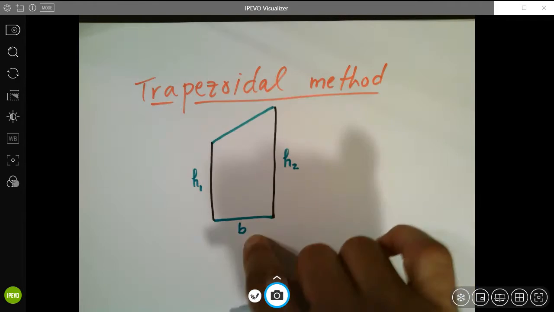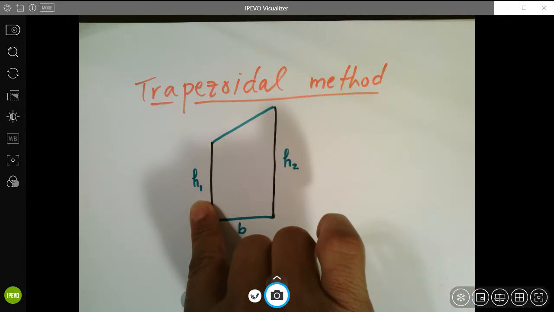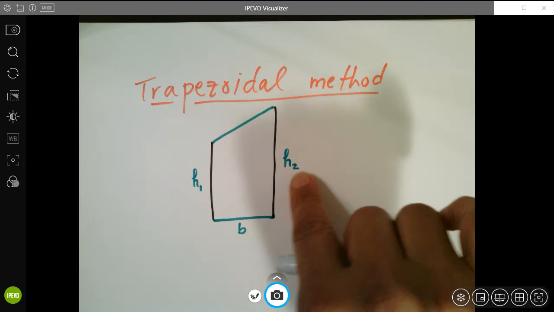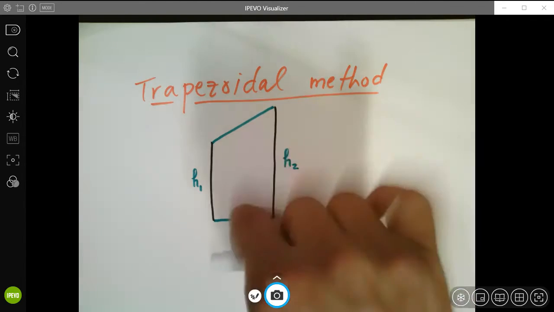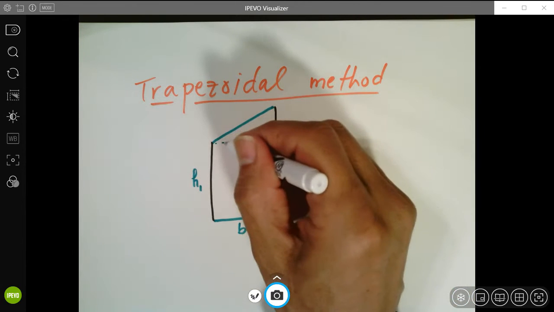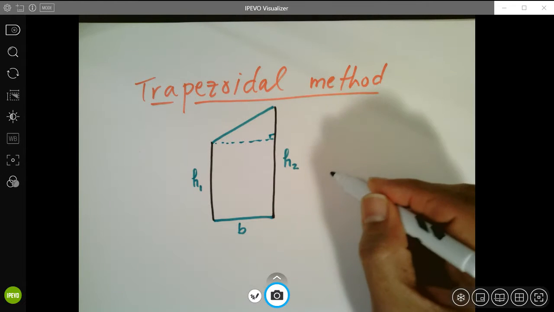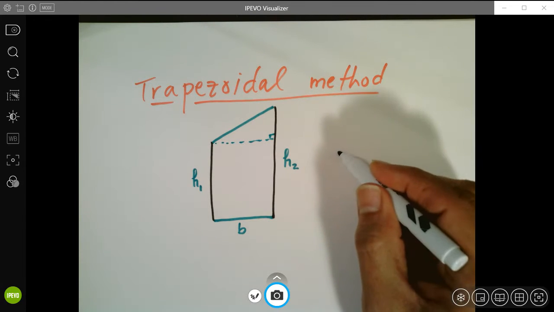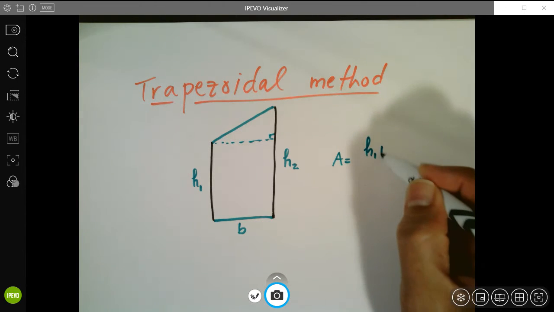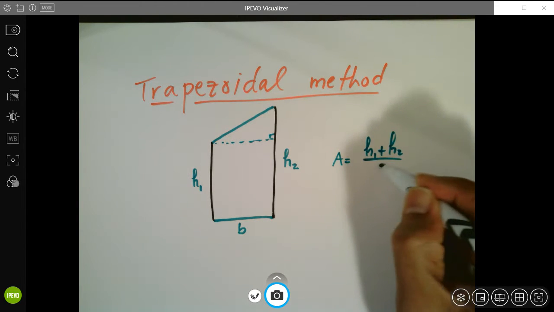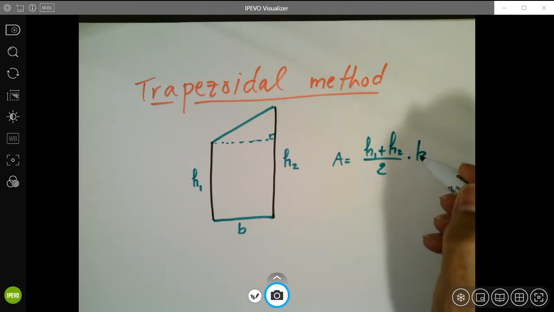It will be H2 minus H1, and you add this one. If you do the computation, you will find the area is H1 plus H2, the average, times the base.